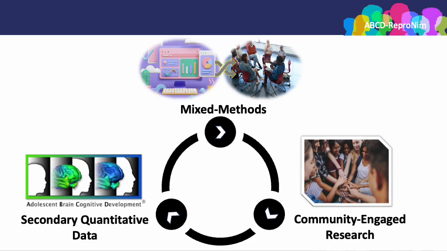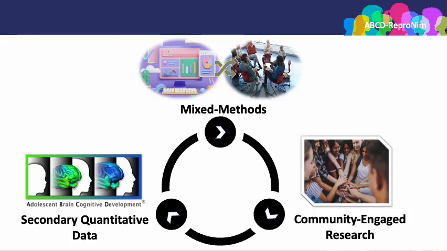Now, most uses of the secondary dataset for ABCD involve just using the ABCD dataset to pose those questions, test your hypothesis, and base your interpretations on just your quantitative analysis alone.